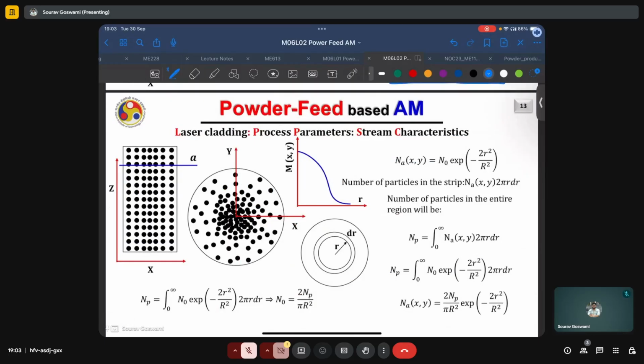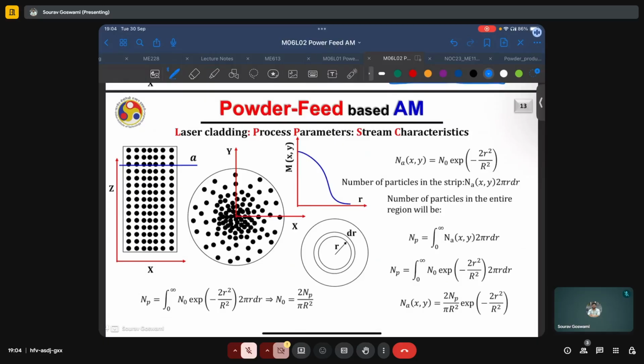What about the total number of particles at any such cross section at a given height A? Just like we found the amount of power contained in a laser beam based on the intensity distribution, similarly we can obtain the number of particles first by finding the number of particles in a strip and then integrating this strip or ring from radius 0 to the radius which we just defined as 1 by e square of the maximum.